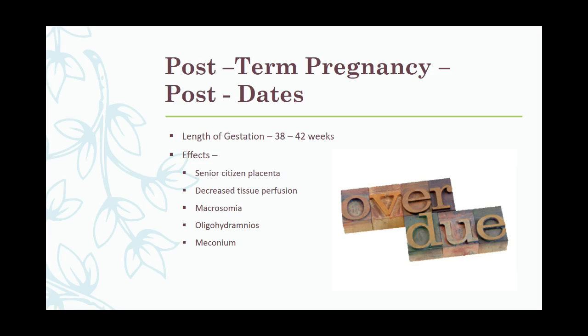Typically, if you go past 42 weeks, you will see that baby have some type of meconium in the amniotic fluid. I have very rarely seen a pregnancy go past 40 or 41, 42 weeks where there was not meconium in the amniotic fluid.